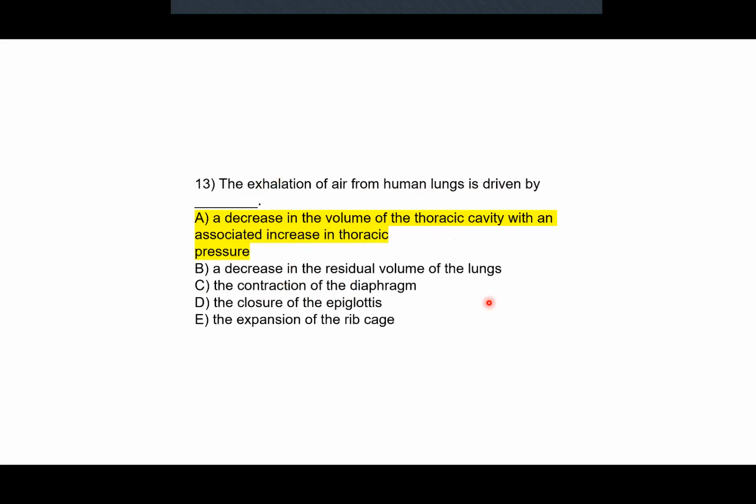And for exhalation, that's when the diaphragm relaxes. It returns to its state, which increases the pressure on the lungs, causing them to exhale out that air. So when they contract, we're actually talking about inhalation.